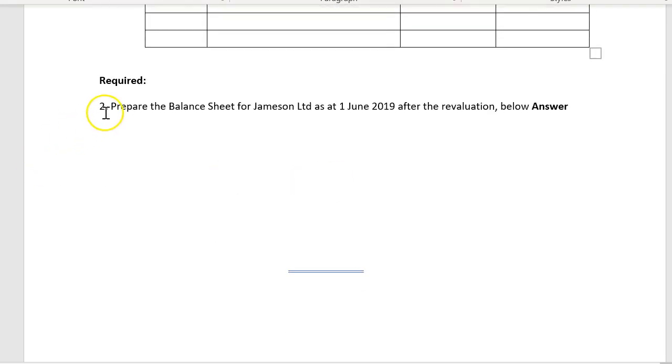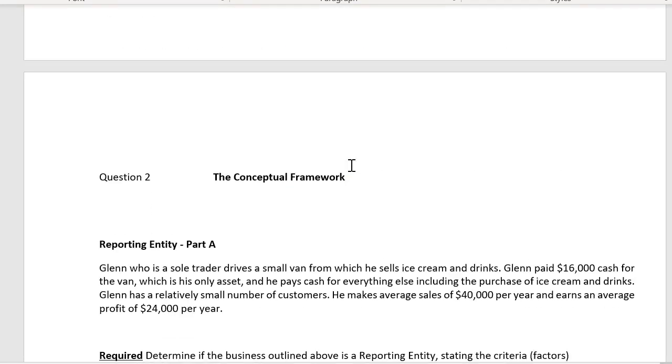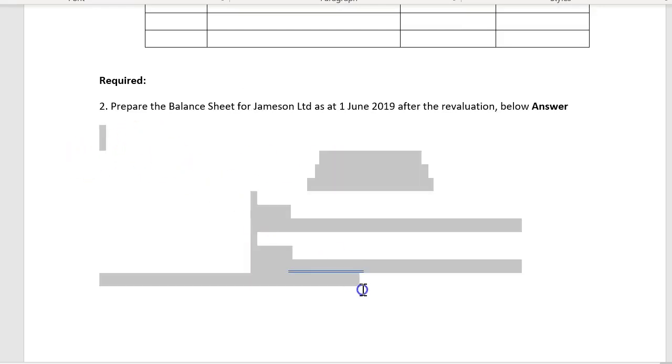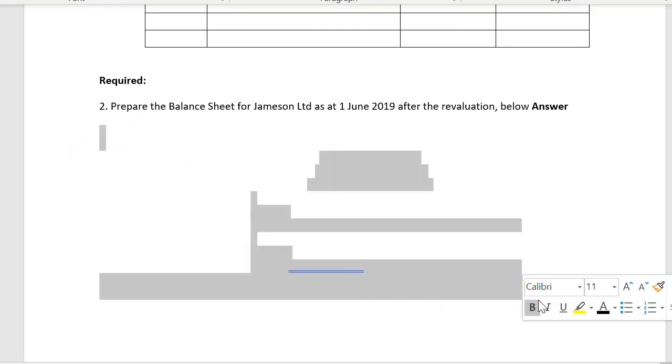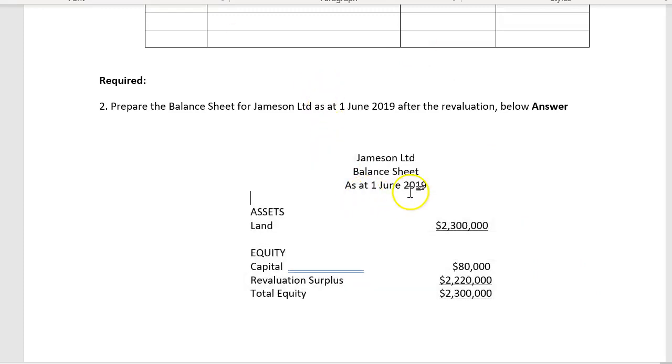All right, part 2. Prepare the balance sheet for Jamson Limited as at 1st of June 2019 after the revaluation. Okay, let's prepare a balance sheet. All right, so land is recorded at its new value, which is 2.3 million.